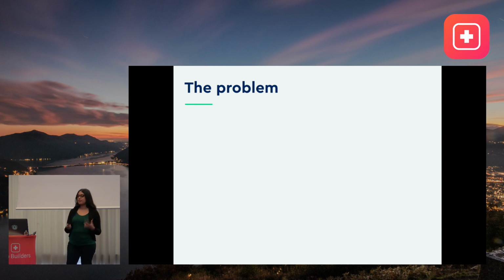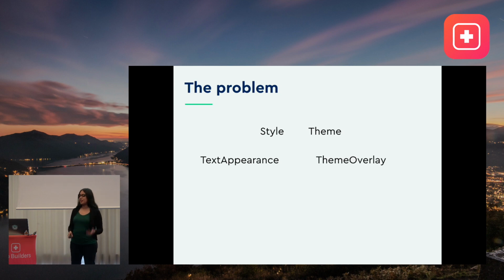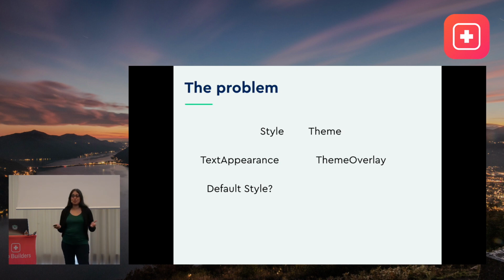So why are we even talking about the Android styling system? Is there a problem? When it comes to styling, you have a lot of choice, but this can also lead to some confusion. For example, you may use a style, a theme, a text appearance, a theme overlay, a default style, which is something that might be applied even if you don't do anything.